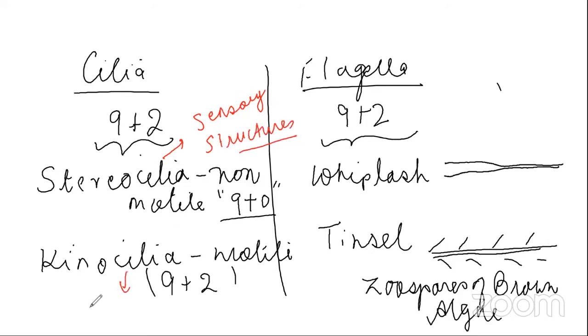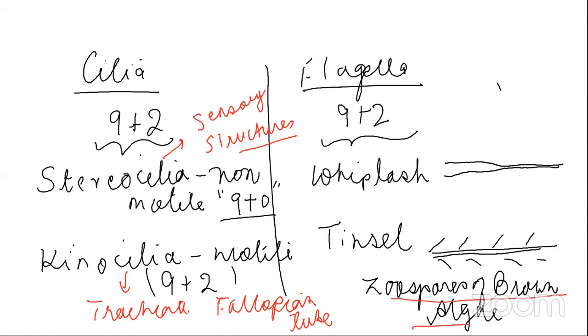And this is present in the trachea, the fallopian tube. Understood? And this is present in zoospores of brown algae. I'm talking about tinsel and whiplash both.